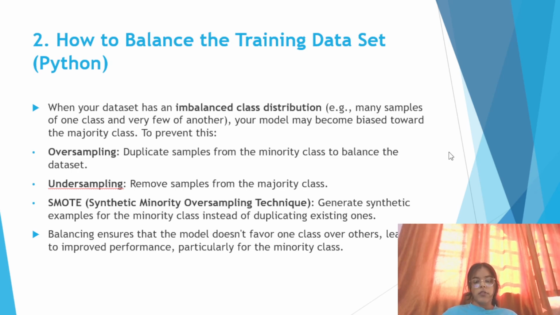Undersampling removes samples from the majority class. SMOTE is the synthetic minority oversampling technique, which generates synthetic examples for the minority class instead of duplicating existing ones. Balancing ensures that the model doesn't favor one class over others, leading to improved performance, particularly for the minority class.